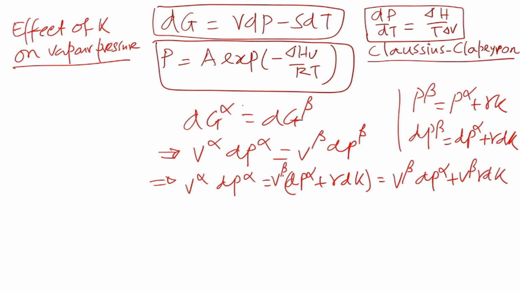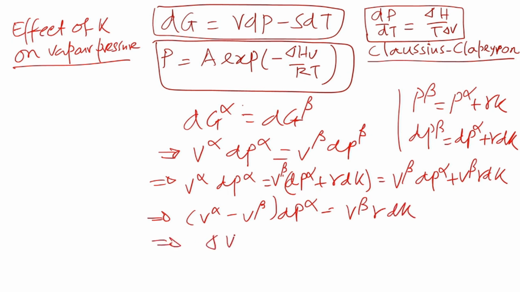You must be thinking you are doing the same thing. No, we will see the difference. So, I write V alpha minus V beta, dp alpha is equal to V beta gamma d kappa. That is nothing but delta V dp alpha is equal to V beta gamma d kappa.